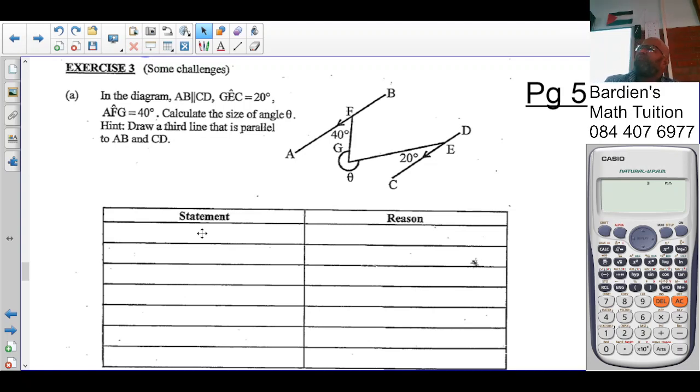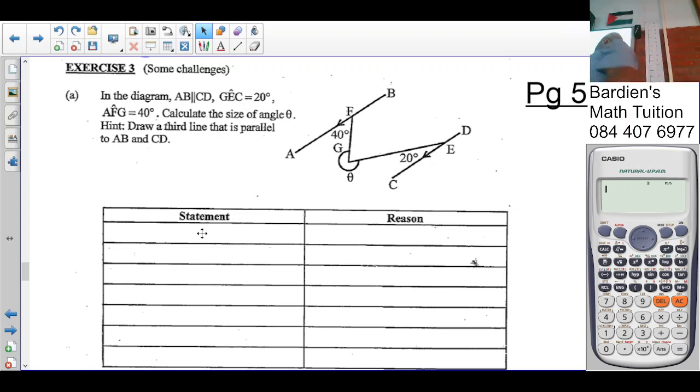Where do you think we're going to draw this third line? Through what? Through angle? In the middle, through which point?